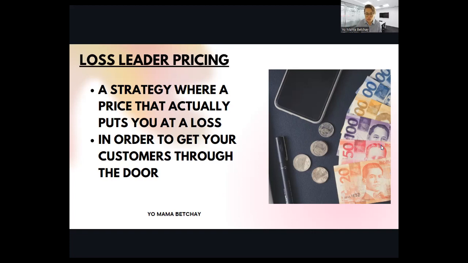What you can actually do, a quick tip, is to consider putting a loss leader product as an add-on product where customers or people would need to come back to your store to make a supplementary purchase or mag-a-add-on sila sa mga bibilhin nila.